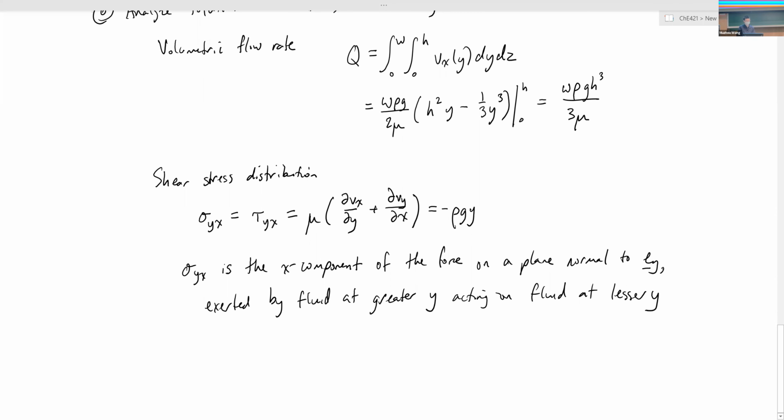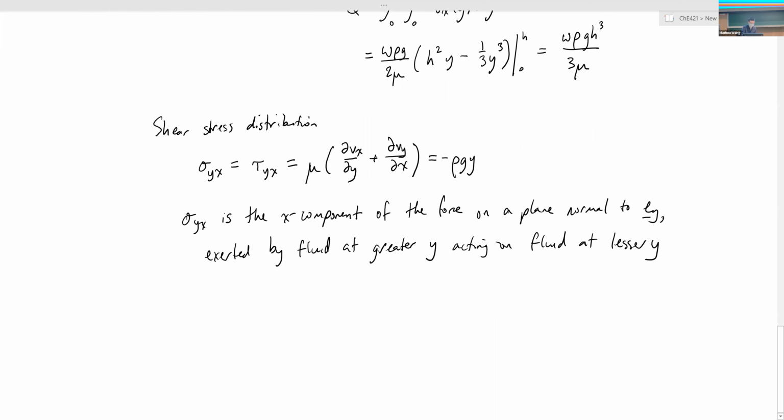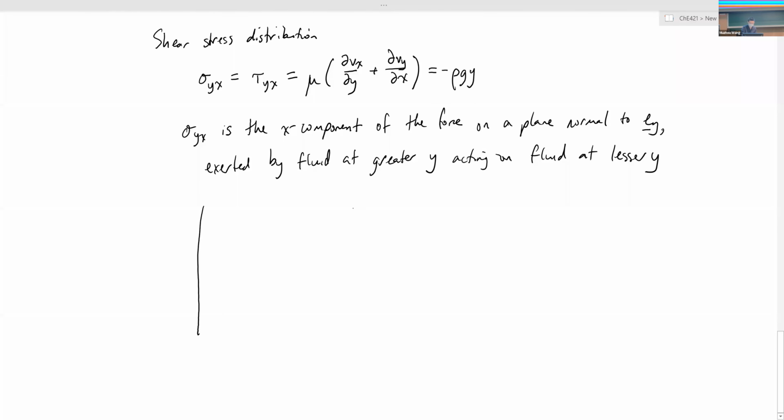Okay. Let me now actually do some drawings and try and explain to you what this actually means. Here's my wall. Remember our axes here, this was y and this way was x, right?